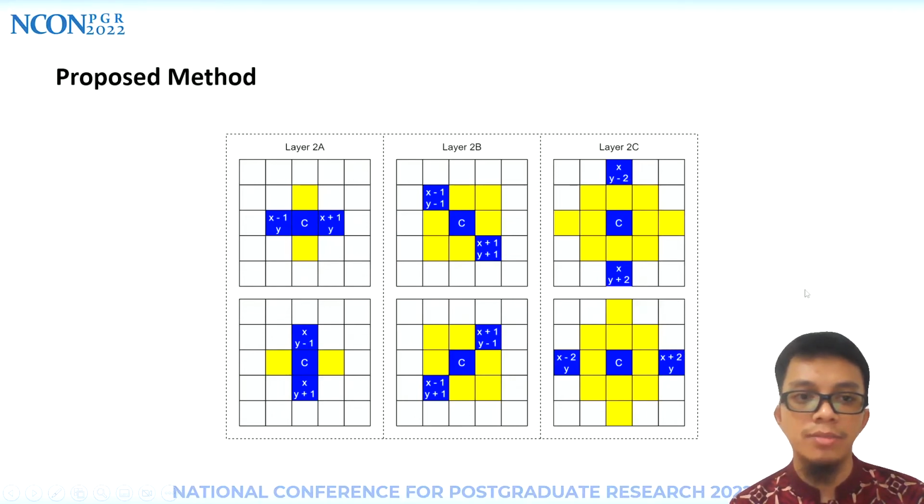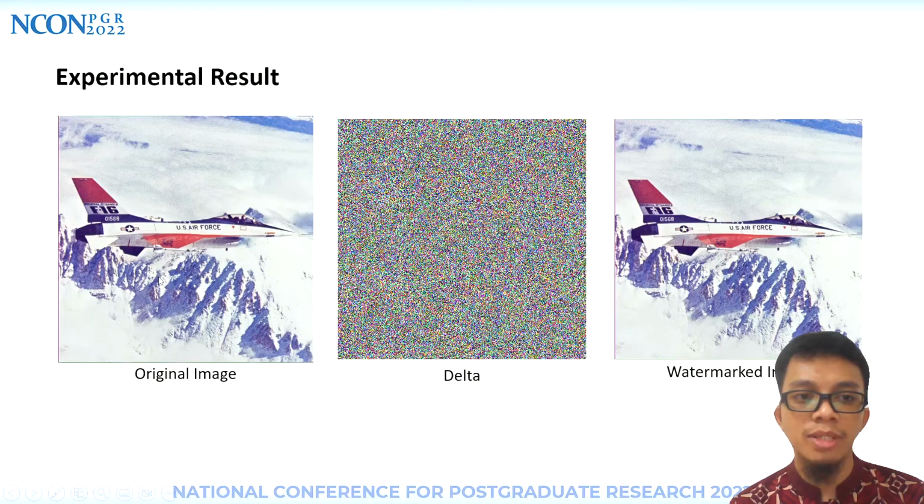For the experimental result of our research, at first we compare the original image and the watermark image. If we look closely, we would not find any differences between the original image and the watermark image. But if we check only the LSB, the least significant bit, we will find the delta.